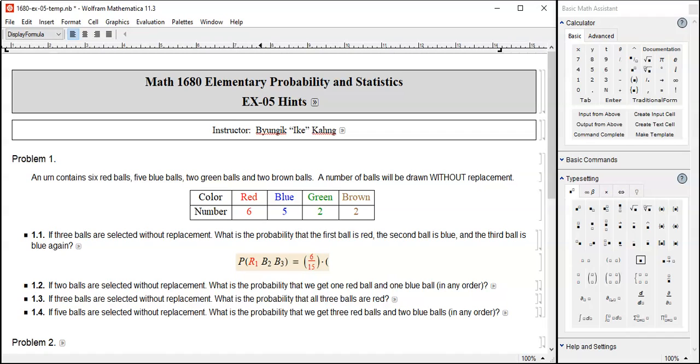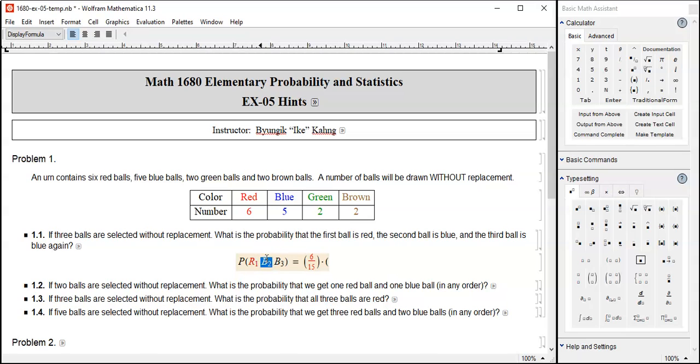So we have to multiply the next probability. First is red, and second is blue, and the third is blue, so I'm using 'and'. That's multiplication basically.